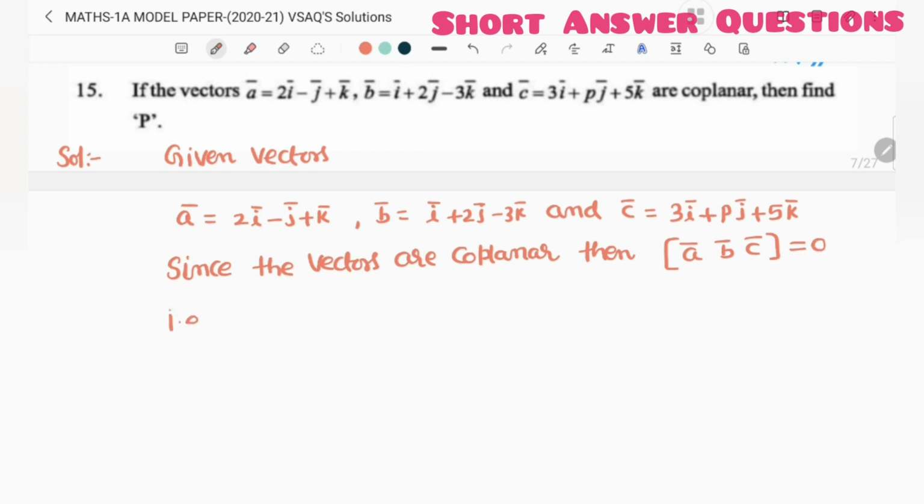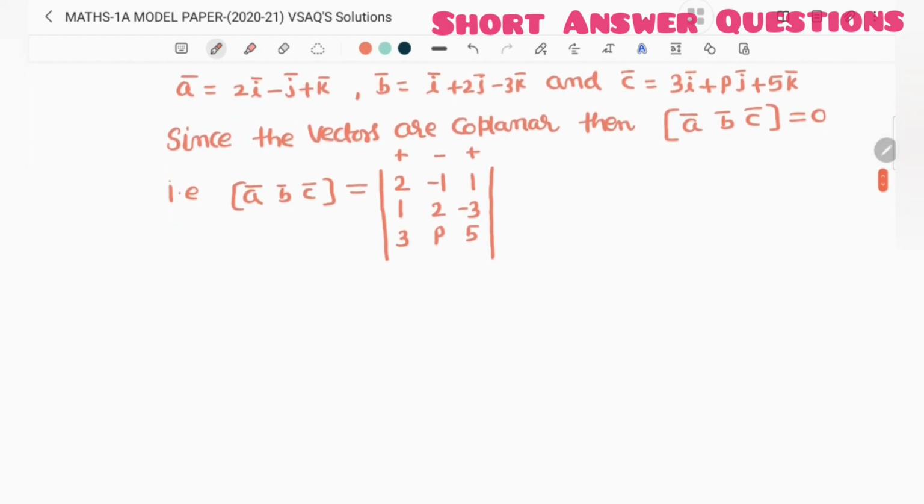That is, the box product of a, b, c is equal to the determinant: in the a bar vector, i bar, j bar, k bar components 2, minus 1, 1; b bar 1, 2, minus 3; and 3, p, 5. So here plus, here minus, here plus. So expansion, which is equal to 0, you can take.